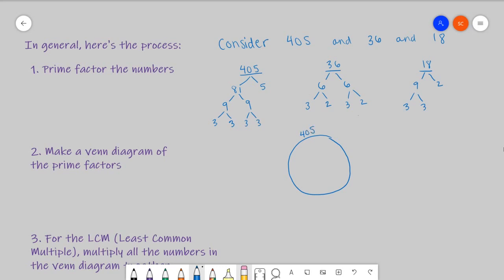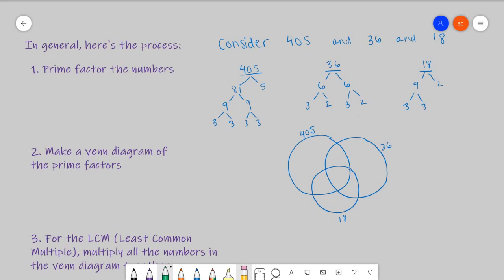I'm going to have a circle over here that overlaps that represents all the prime factors of 36. And then I'm going to have one more circle that represents all the prime factors of 18. As I put things into this Venn diagram, I'm going to check them off so that I don't duplicate stuff. And I'm going to start in the middle.